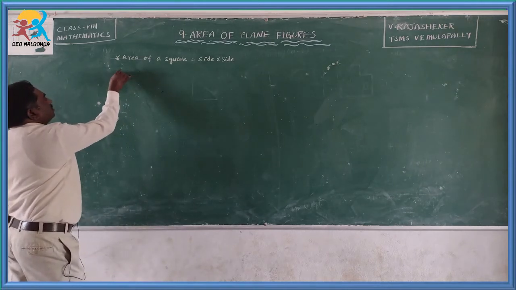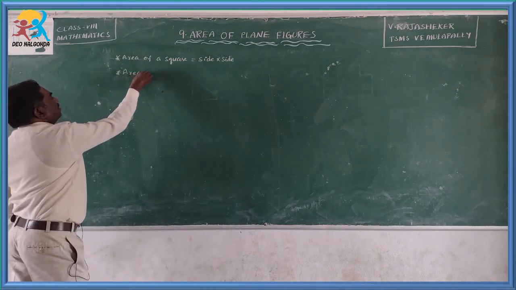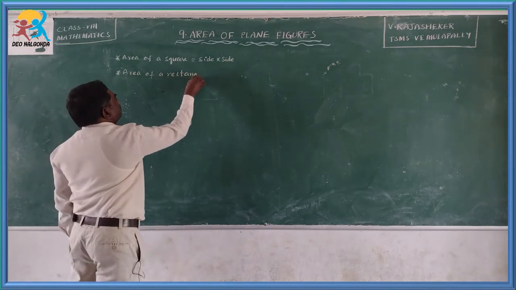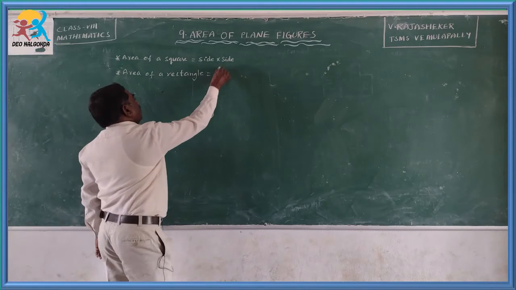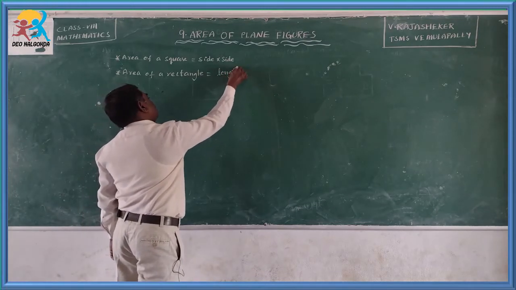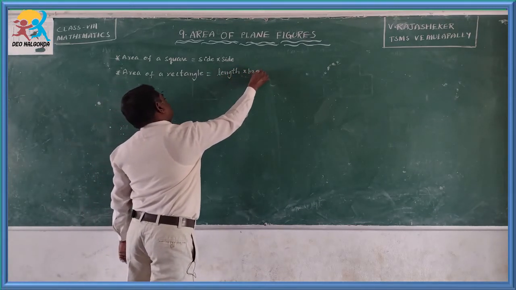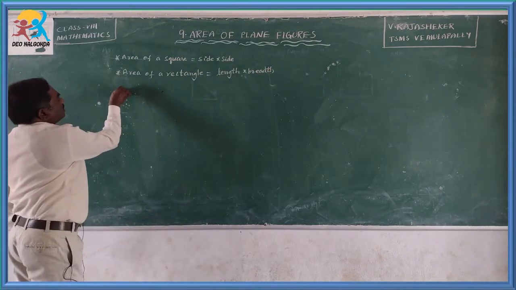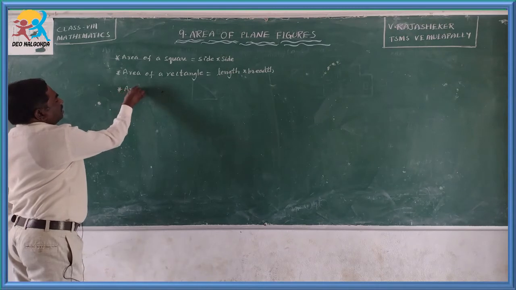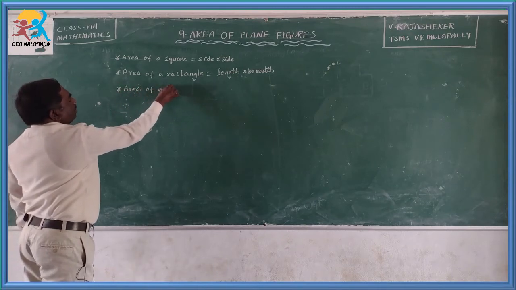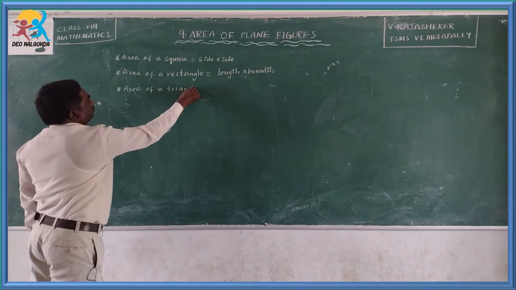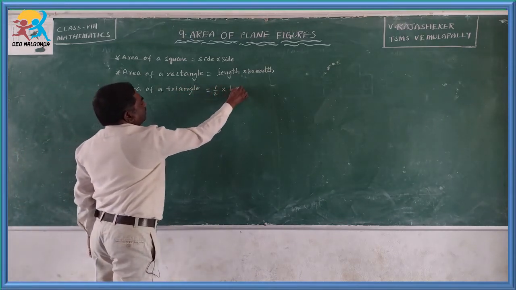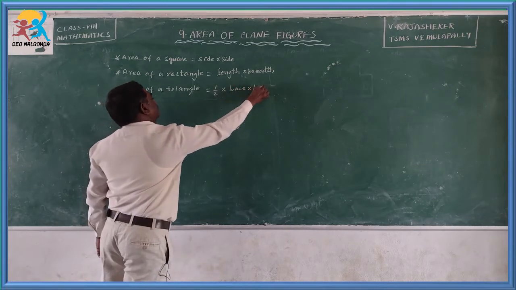Next, we have already learned the area of a rectangle: length into breadth. In 7th class we learned the area of a triangle: half into base into height.